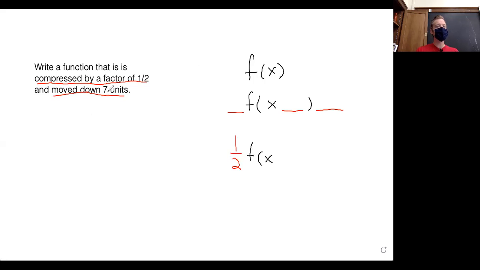But where is this 7 going to go? It's going to go on the far right side. Remember, if we're moving up or down, that's a vertical translation, which means it's going to be outside the parentheses on the end right here. So there's nothing inside the parentheses since there's no horizontal translation. And if I'm moving down, is that going to be +7 or -7? -7.